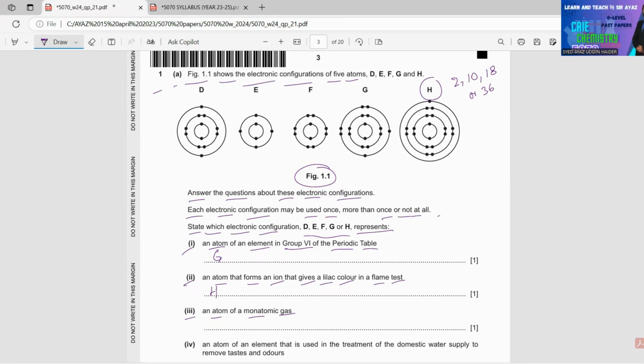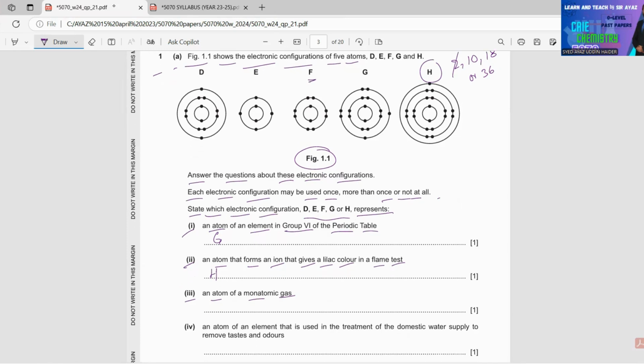We don't see any atom with only 1 shell, because in the first shell you will have 2 electrons. So we can't have 2. What about 10? I can see F having 10 electrons, which means F must be the element from group 8. So it must be having an atom of a monatomic gas. F is the final answer for this one.